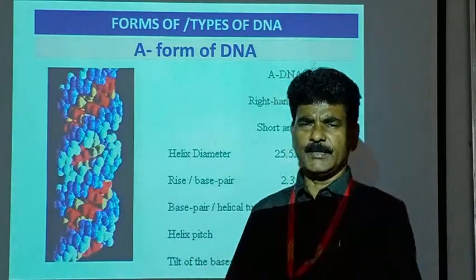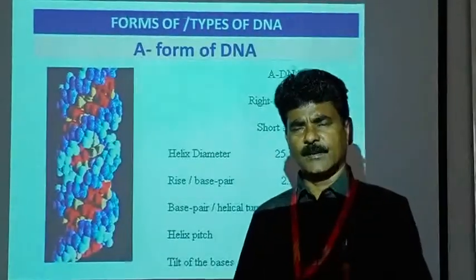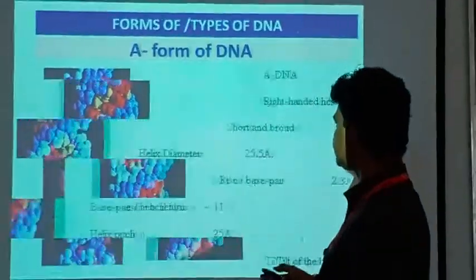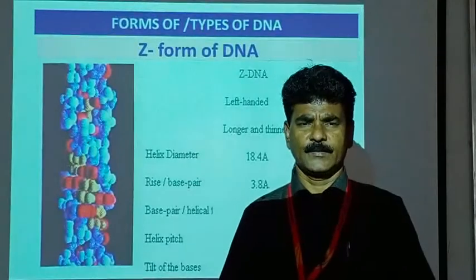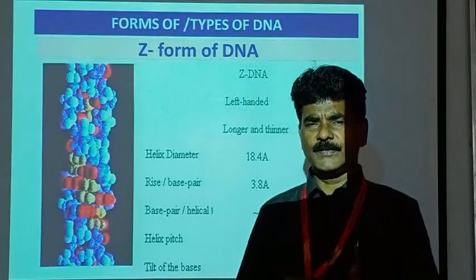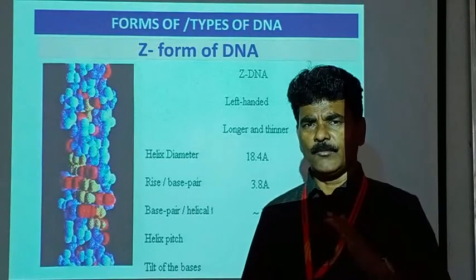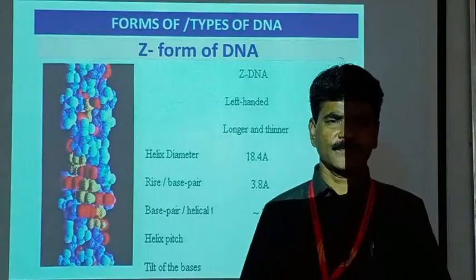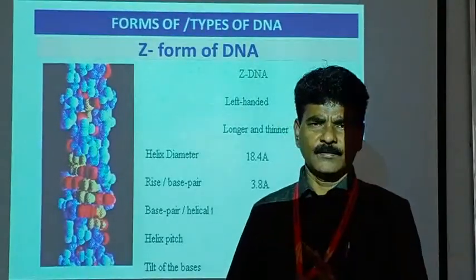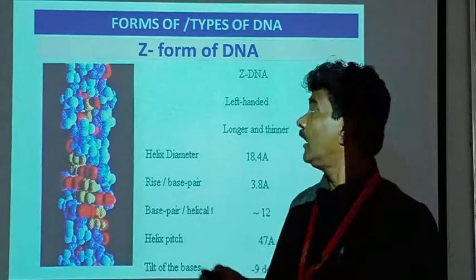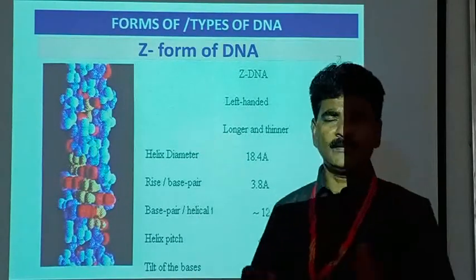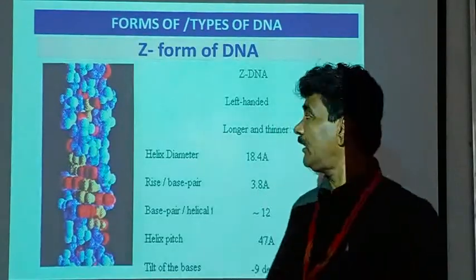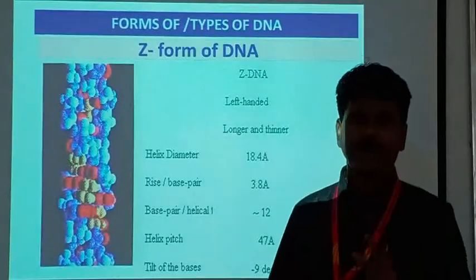See, this is the difference between the characteristics of B form and A form. Now see, this form is different. Where B form was long and thin, another is short and broad, and Z form is longer and thinner. And one important thing, it is left-handed.